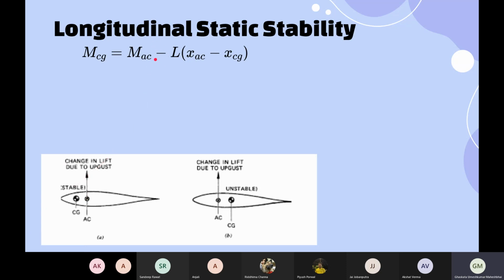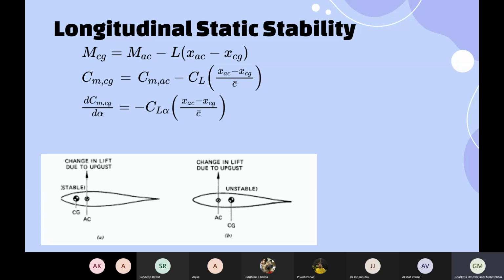Now we divide this equation by the reference moment, which is half rho V square into area into mean aerodynamic chord, where C bar is the mean aerodynamic chord, and we differentiate with respect to alpha.